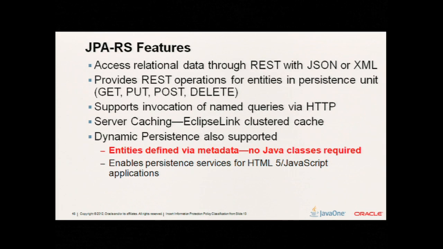So it's really about simplifying development. What we do is we've built a web fragment that you just drop into any Java EE application that has a persistence unit, and it will automatically spin up this REST interface. Obviously, we're tightly coupled to EclipseLink JPA, and we rely on Jersey for our REST interface.